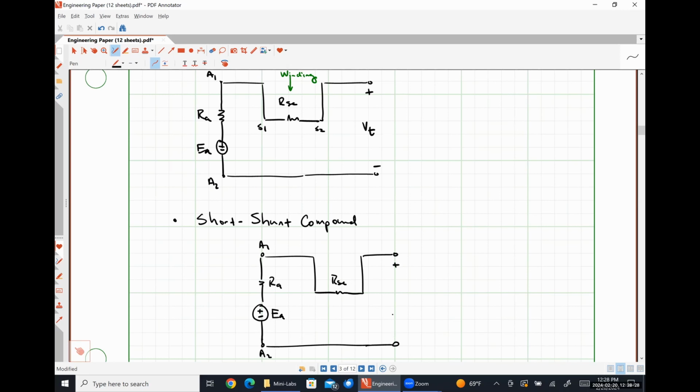Here's my terminal voltage VT. And then I connect my field circuit in shunt or in parallel over here on the other side.